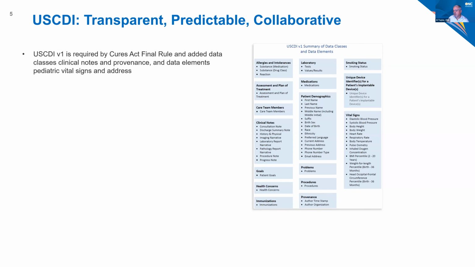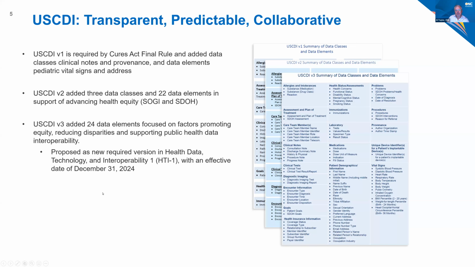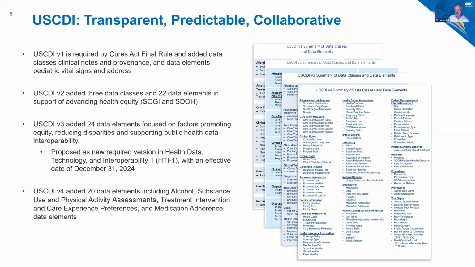This transparent, predictable, collaborative process has resulted in USCDI versions developing over time, adding new sets of data elements and data classes that address some shifting needs in health IT, not only adding data elements that might be missing from what most would consider to be a core set, but also other data that specifically addresses a number of different ONC policy priorities, including addressing health equity, addressing the needs of the underserved, and, when we published V4, we also added some data elements that address behavioral health data needs as well.